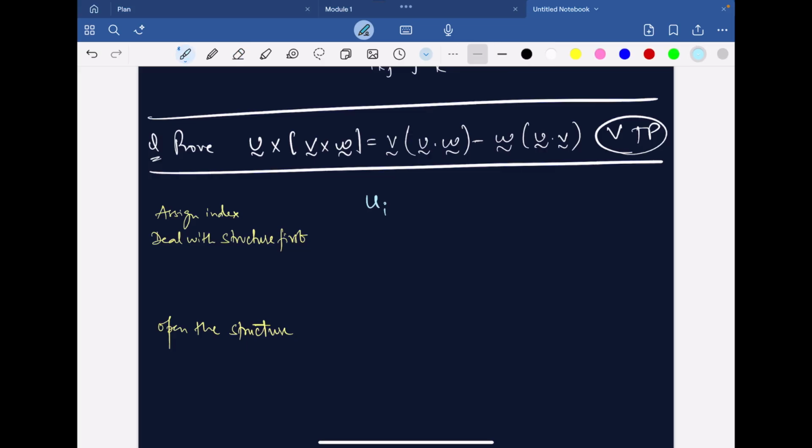The first temptation would be to assign i, assign j, assign k. But I would not advise that because you will run into problems. So please hold on, and you'll see why I'm saying this.